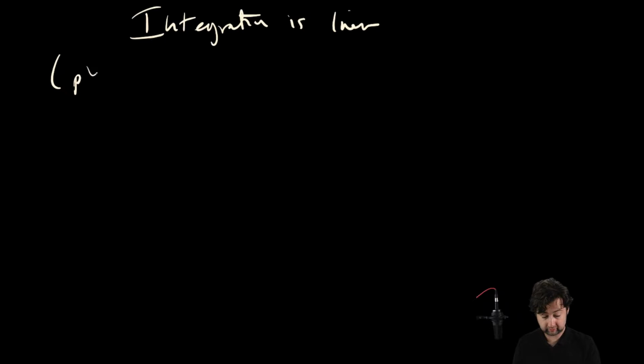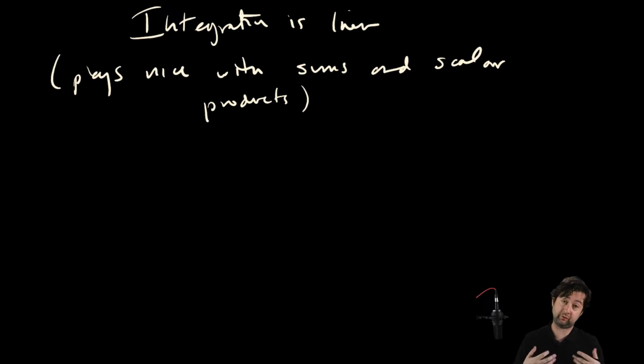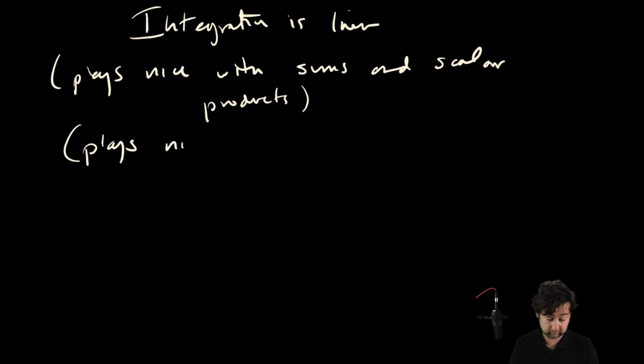So what I mean by that is if you take a function and multiply it by a number, the integral doesn't change. A fancy way of saying plays nice with sums and scalar products is that it plays nice with what are called linear combinations.